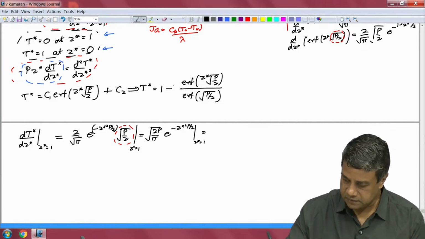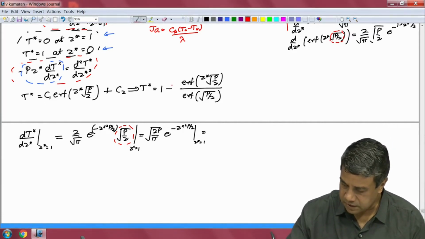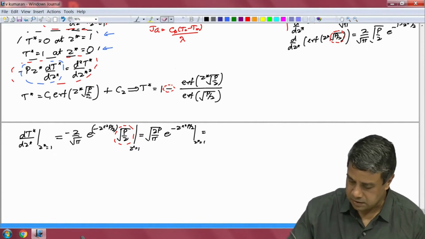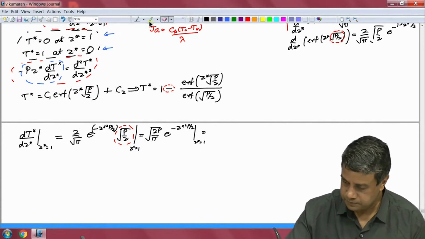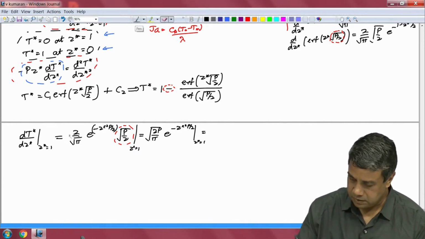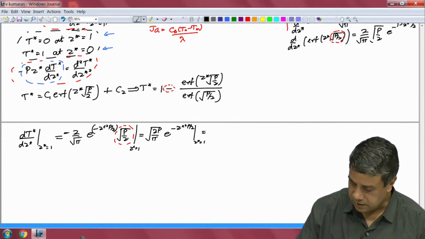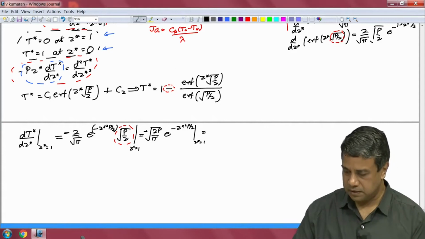And there is a negative sign here because there is a negative sign here. So, kindly note that I missed a negative sign. No, this is correct. Yeah. This negative sign will give a negative sign here, negative sign here.